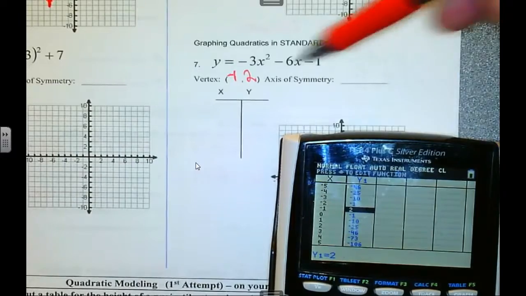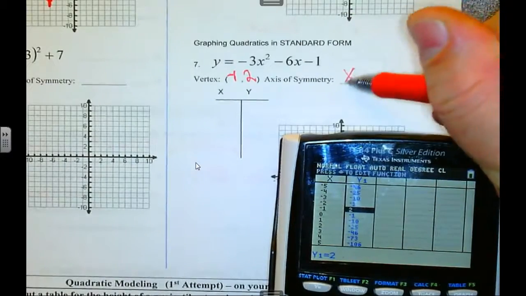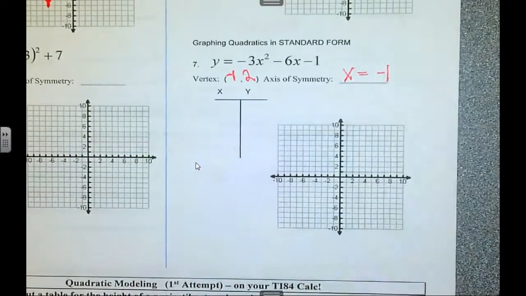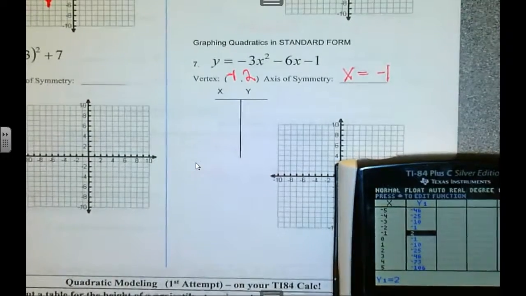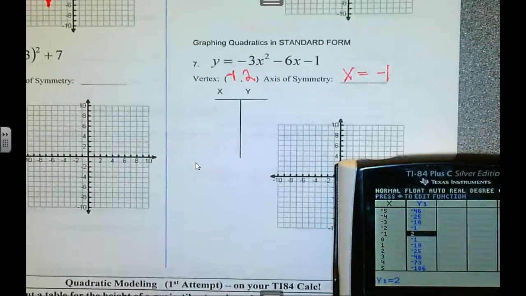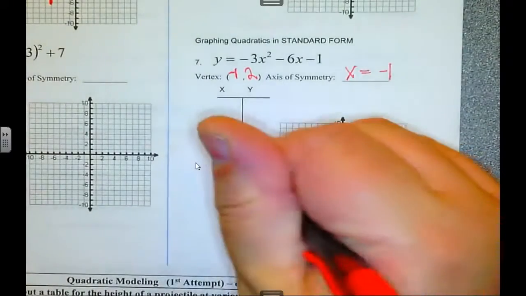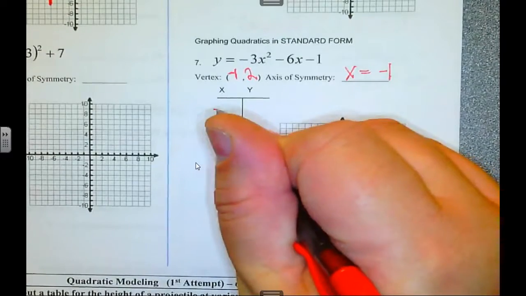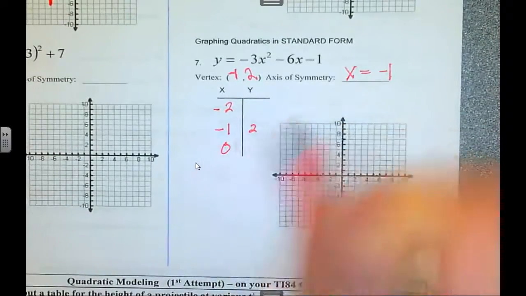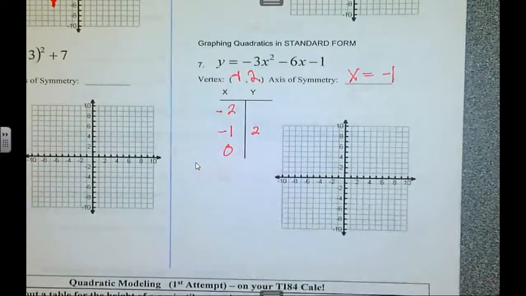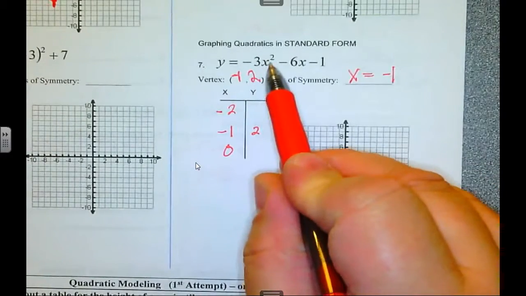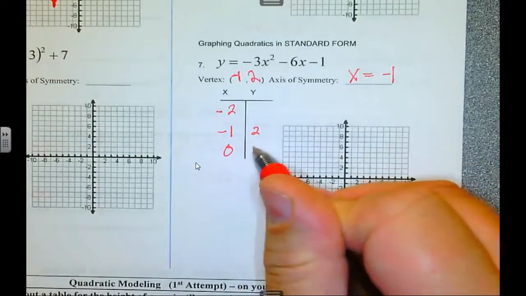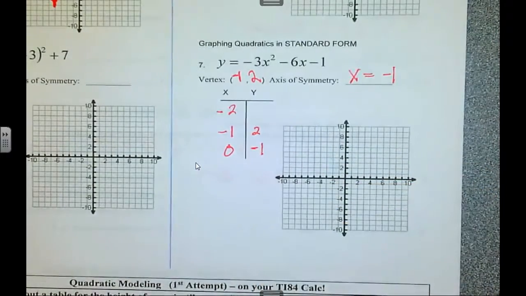All right. Axis of symmetry. Yes. Please put x equals -1. I could tell you if I put 0 in for x, I'm going to get -1 for y. Right?